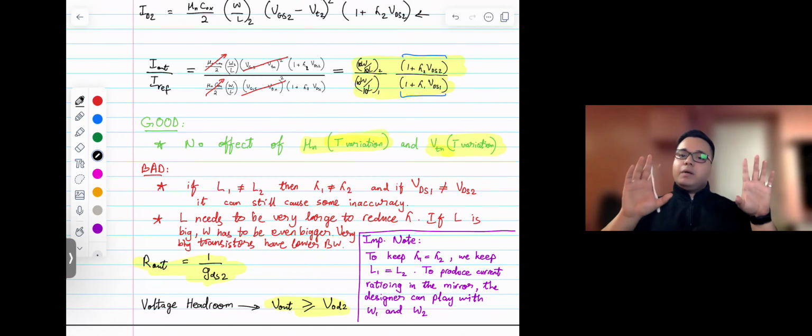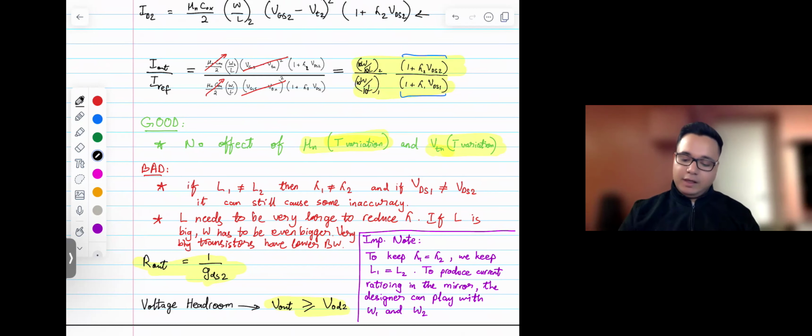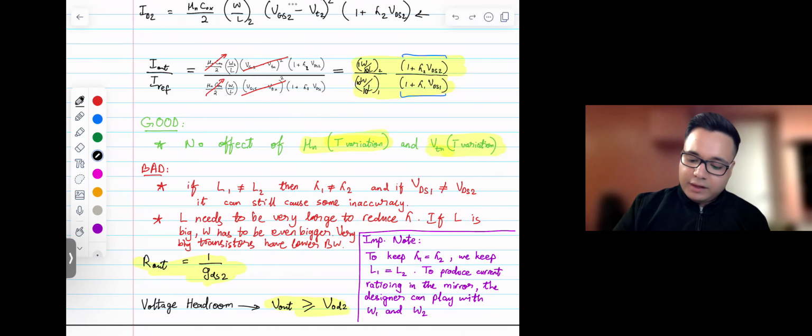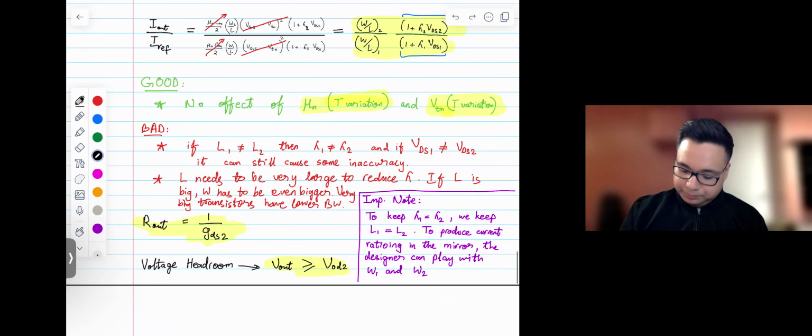So I'm basically beefing up both the reference device and the output device. And is there a potential downside to that if we have larger devices? Bandwidth, right? Bandwidth would decrease because you have larger transistors with more parasitic capacitances.